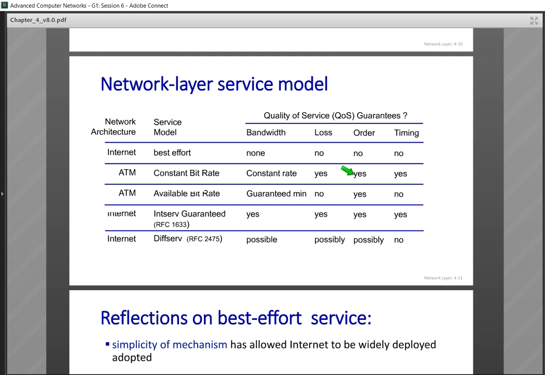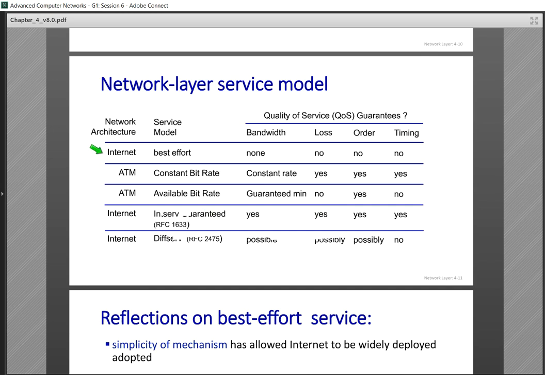But for example, in today's networks, if we use integrated services or IntServ, or if we use DiffServ, we can guarantee some items in computer networks. For example, if we use IntServ, we can guarantee the bandwidth, loss, order, and timing over the internet.